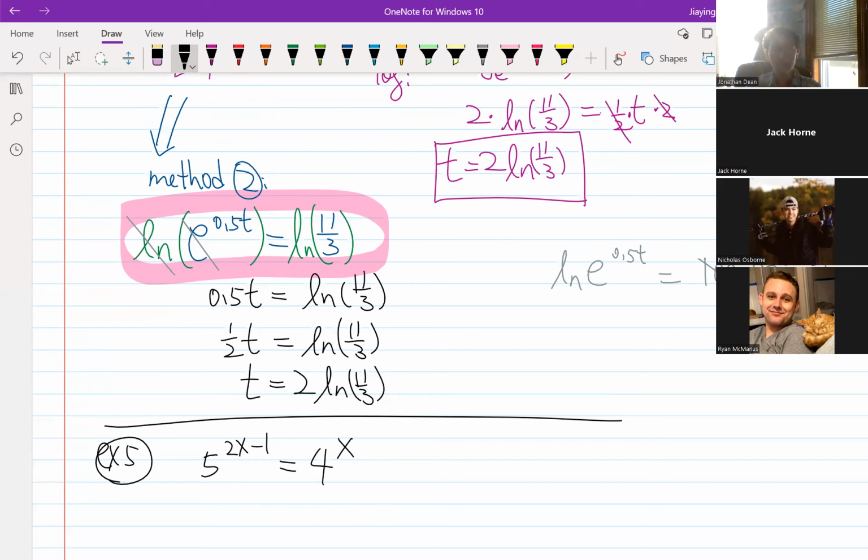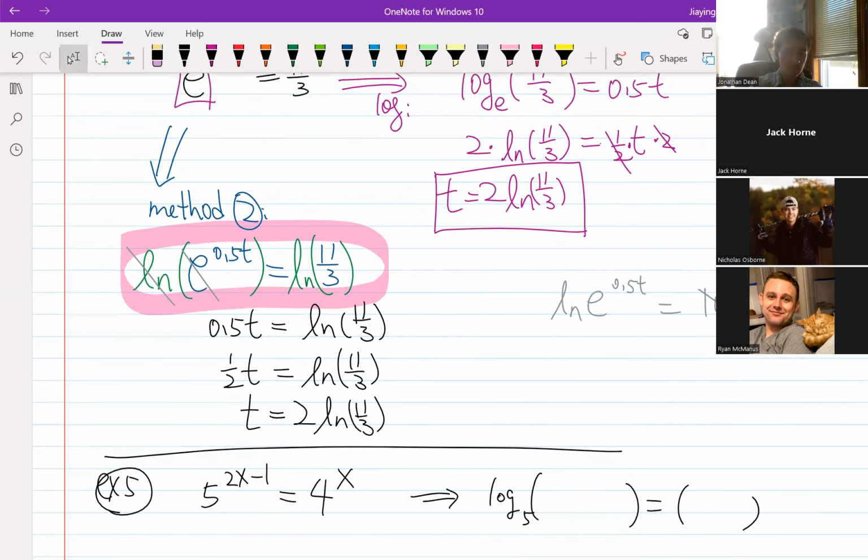Well, if we try to convert this into logs, it's actually more challenging because let's say we pick the 5 there as a base. So we might write log base 5 of something equals something, right? Now, what goes into the parentheses after the log?